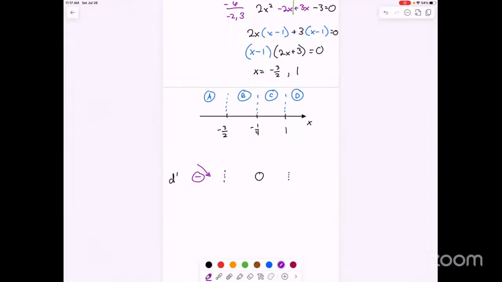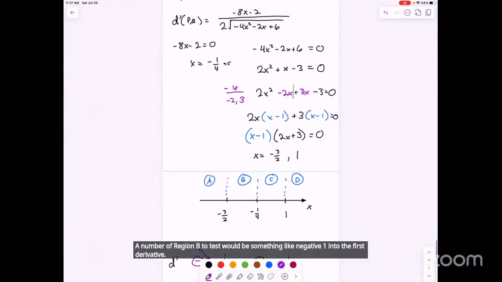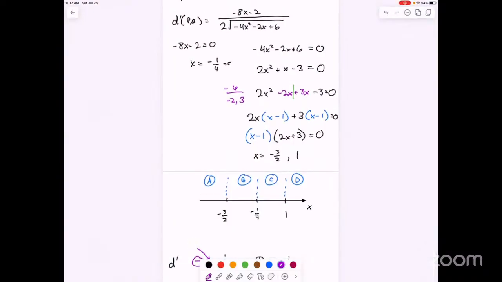A number in region B to test would be something like negative 1 in the first derivative. If we plug negative 1 into the first derivative, the top is positive. Looks like the bottom is positive. Oh wait, we can't take the square root of a negative, so is the bottom always going to be positive?